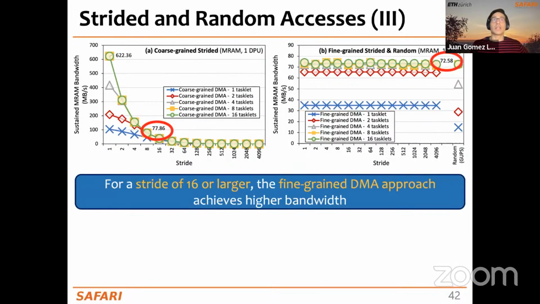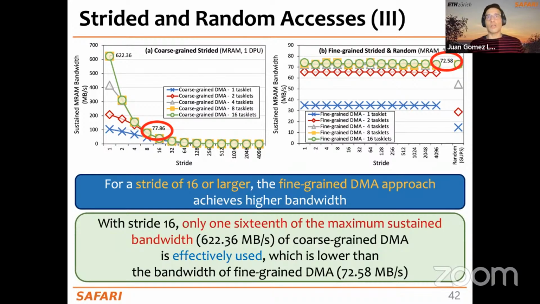Another observation is that after a stride of 16, the coarse-grained strided access provides lower bandwidth than the fine-grained strided access. As you see, this 77 corresponds to a stride of 8. So for a stride of 16, it's essentially half of these 77, and that's already smaller than this 72.58 that you see here on the right.